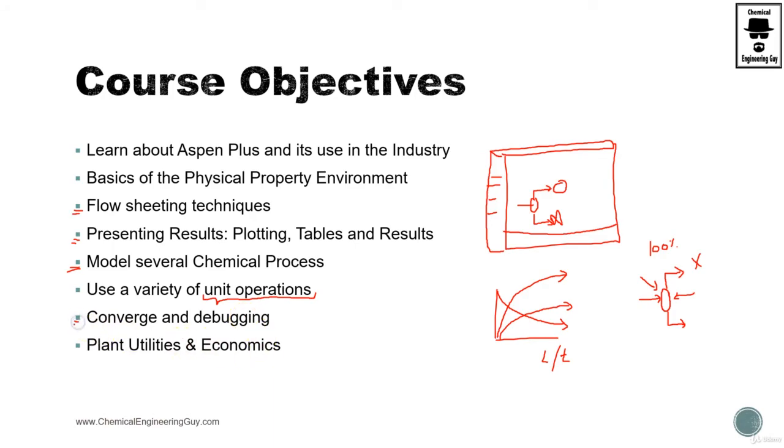I also want to add a very important part, which is how to converge distillation columns or iteration processes correctly, because sometimes it's a pain. It typically happens when you're running a simulation and something is broken.